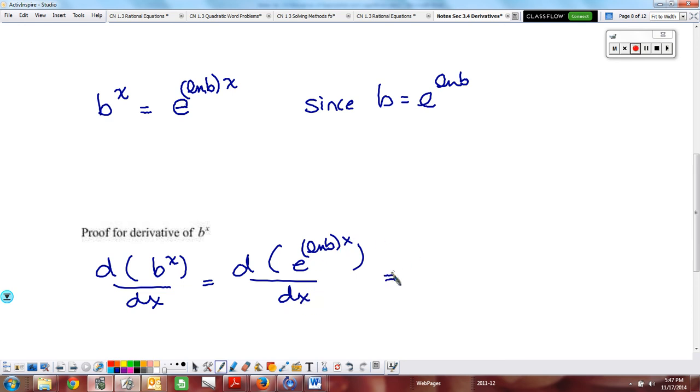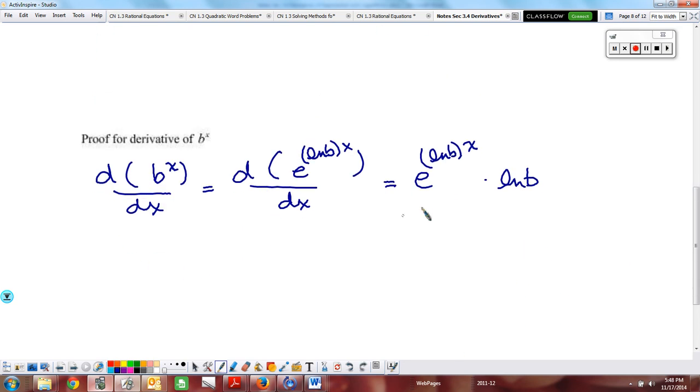So the derivative of e to the u is e to the u times the derivative of u, and that's a constant times x, so its derivative is simply ln of b, the constant. So what we've basically shown here, because now I'm going to simplify this back out, I only put it in just to figure out a way to use the e to the x or e to the u to do the derivative. E to the ln of b is just b to the x times natural log of b.